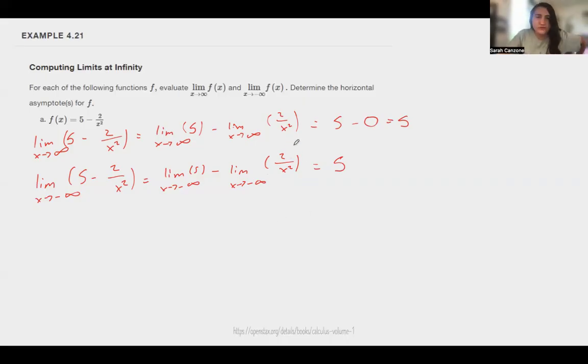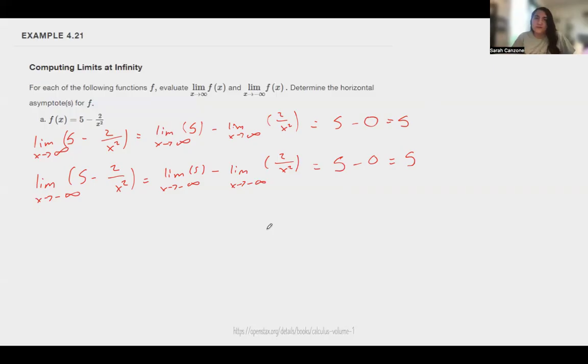So you do 2 over positive infinity, you get 0. And so your answer is 5. So in fact, the limit going to infinity and negative infinity is going to be the same answer in this case because the value that we are plugging infinity into is a squared value.